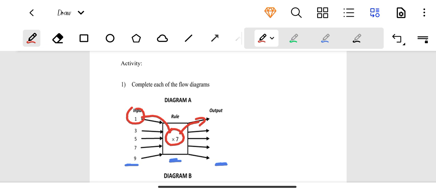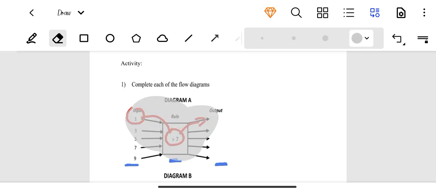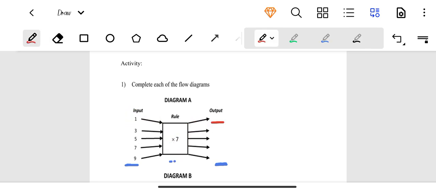Input number one gives output number one, input number two gives the result for number two, and so on.